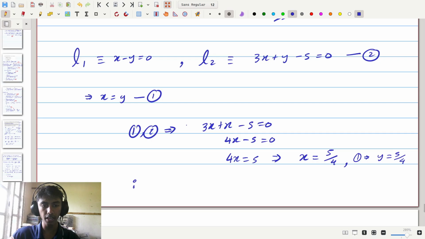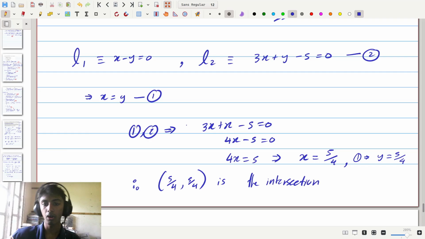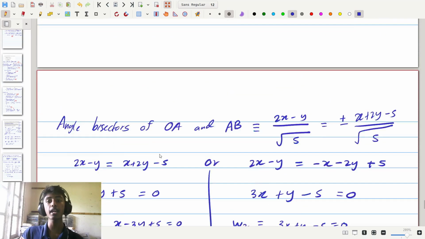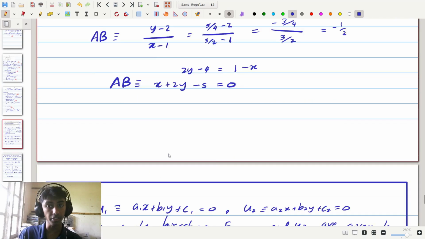So we can say that therefore 5 by 4, 5 by 4 is the intersection of L1 and L2, and we can also say that this point is what we call D. So the point D given by 5 by 4 comma 5 by 4 is the intersection point of L1 and L2, which, as we defined previously, are the two angle bisectors that we wanted.